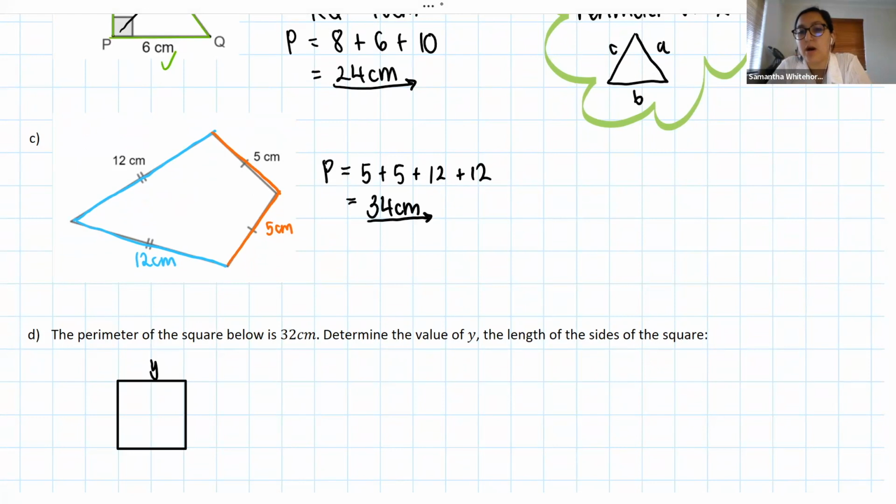Determine the value of y, the lengths of the sides of the square. So one thing we know about a square is that all four sides are equal, which means that technically all four of these sides are y centimeters. So let's give this one a try. I want you to think about it and tell me what you think the value of y is.